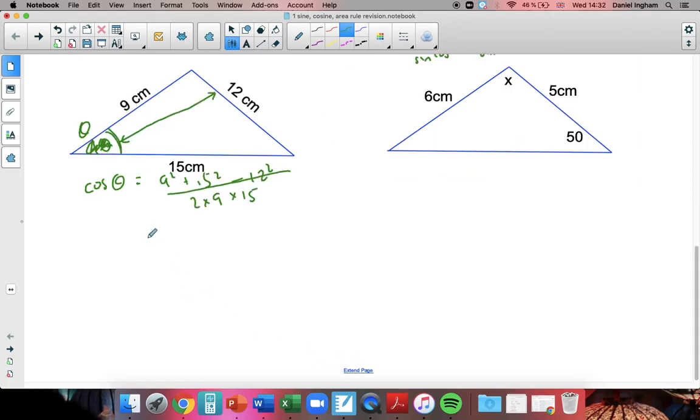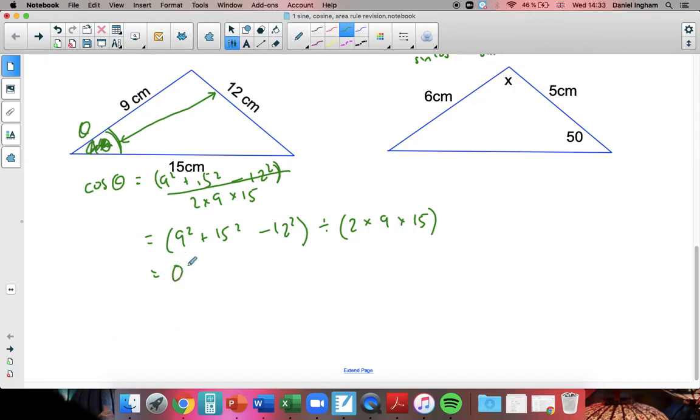One thing to be careful about here is if you do this all in one line on your calculator, make sure you put a bracket around the numerator. Close brackets, divided by, and then put a bracket around your denominator as well. So 9 squared plus 15 squared minus 12 squared divided by 2 times 9 times 15.